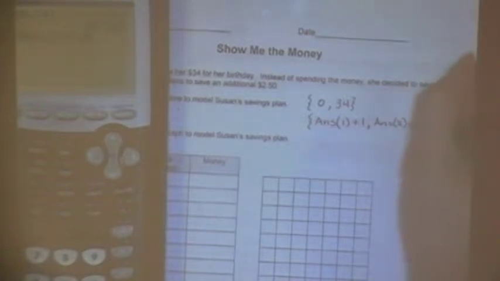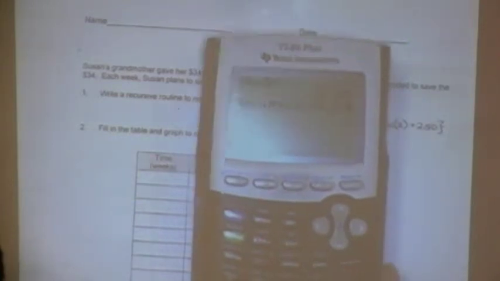So I'm going to do the same thing in my calculator, but I'm going to tell it to add to the second answer $2.50. So I'm going to plug that in my calculator. Second, negative sign, that pulls up answer, parentheses 2, plus 2.5, and I have to close my curly brackets, they're called braces, and hit enter. And look there, it just did it for you.